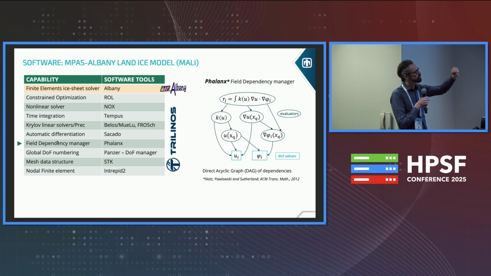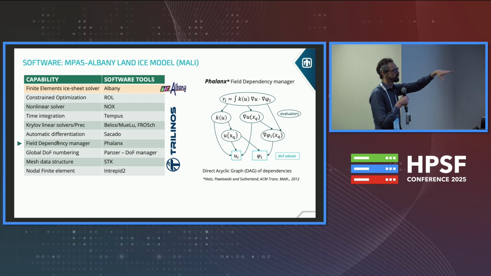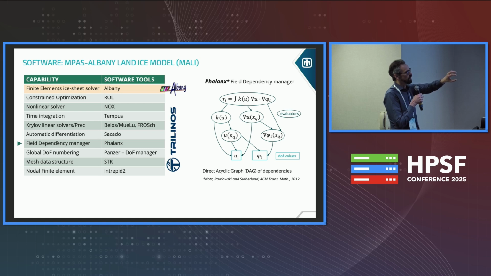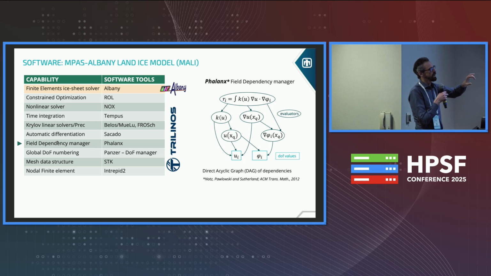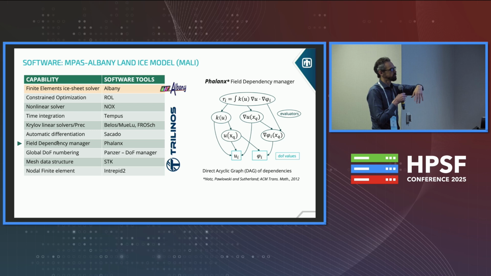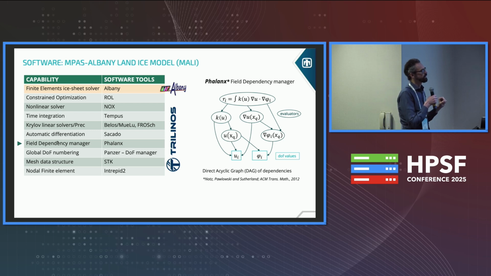Another pretty cool package in Trilinos is Phalanx, also developed by Roger Pawlowski. It's basically a field dependency manager. Imagine you want to assemble a residual, like the integral of some conductivity times the gradient of u times the gradient of the basis function. You can extract some evaluation kernels from that expression, for example, the gradient of u and the gradient of the basis function, and you can see how you can reuse those in different parts of the code, different residuals.